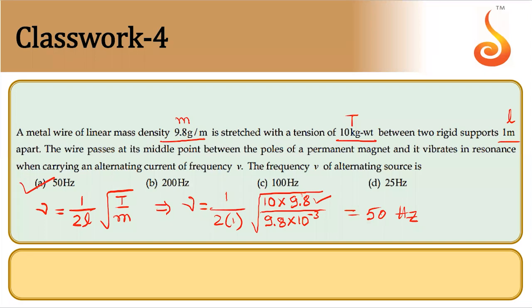So the frequency of a vibrating string is given by 1 by 2L root of T by M, where L is the vibrating length and M is mass per unit length. See, in some references, instead of M, they have used mu for mass per unit length.